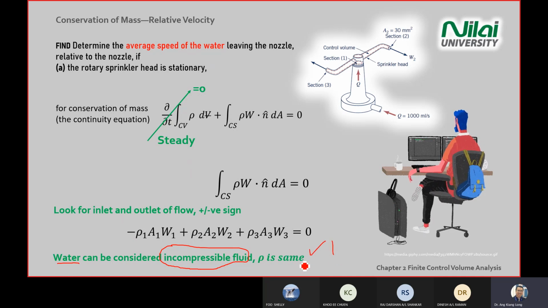Then this one gives you 1 mark. This is the hidden message inside the question. So if they're using water, then you can straight away assume incompressible fluid.